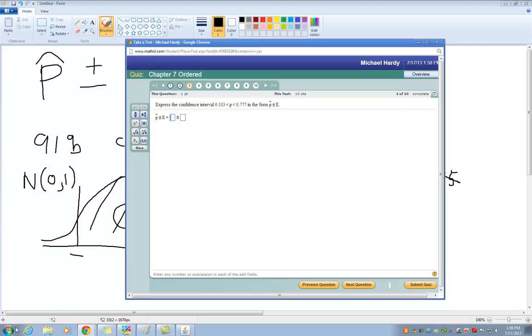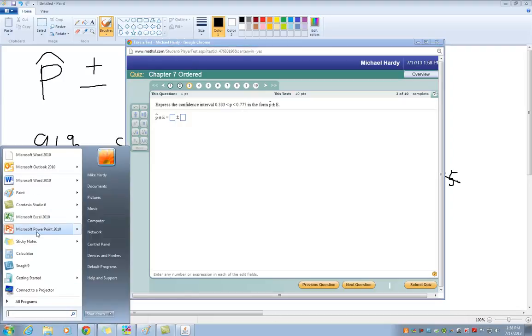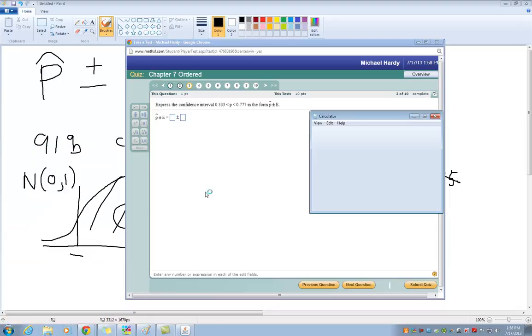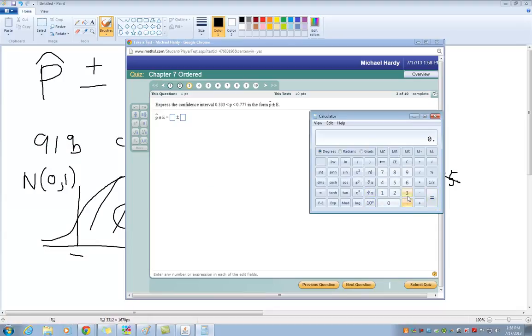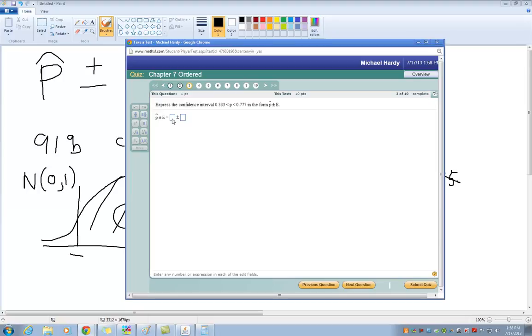Well, let's just go to a calculator. This is a brain fart just waiting to happen. So I'm going to add them by calculator. 0.333 plus, not plus or minus, plus 0.777 equals 1.11. But the average is what we're after, so we divide by 2, and sure enough, 0.555 is our middle value.